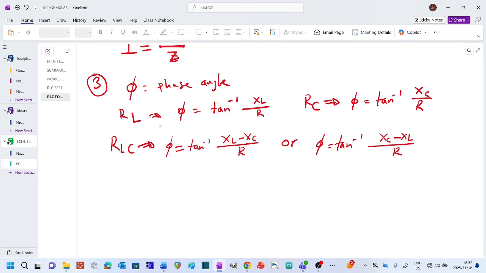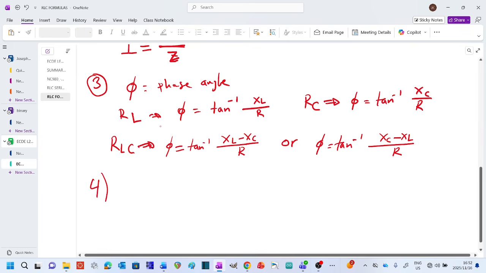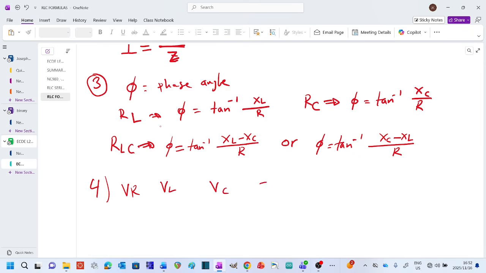They might also sometimes ask you to calculate the voltage drop across each component, which means VR or VL or VC. Just apply simple Ohm's law.